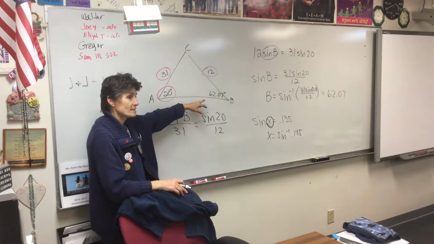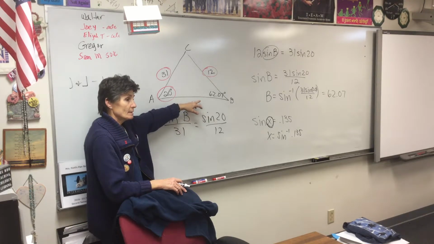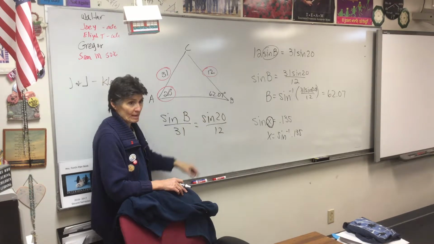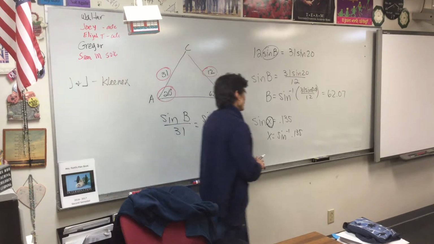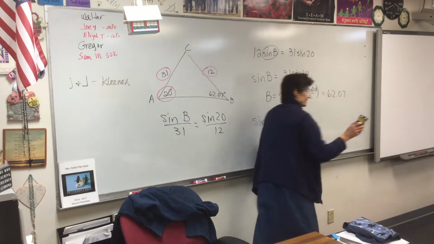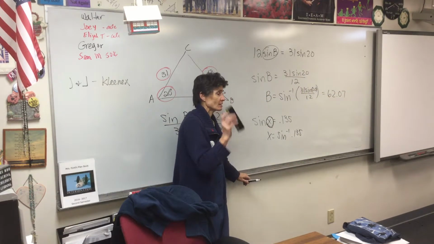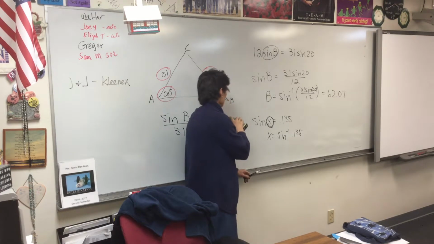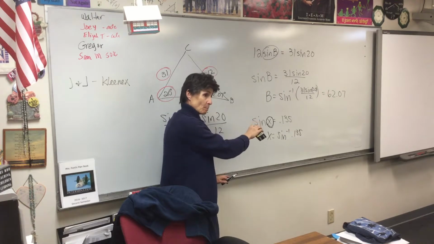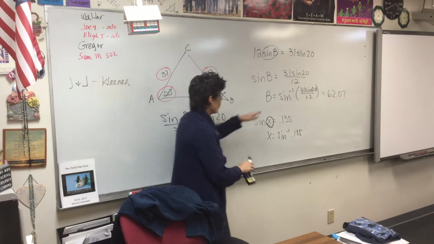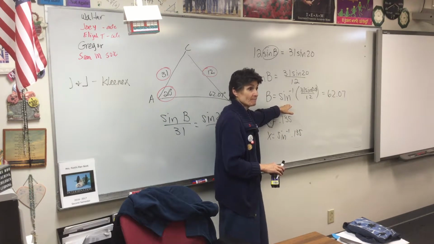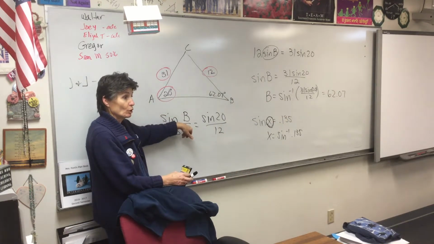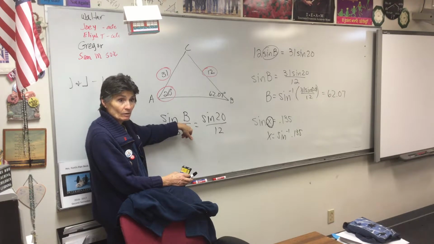Now, here's the deal. You just got an answer to this triangle. The problem is there might be another answer. So listen carefully to me. You will get this. It's easy. This is not hard. It's just a little confusing the first time through. What was different about this problem than the other law of sines problems we did was this whole inverse sine thing, right? And the reason we had to inverse sine is because we were looking for an angle.